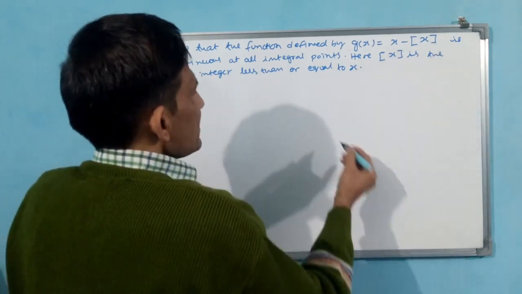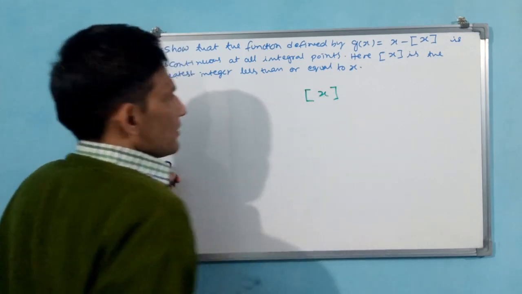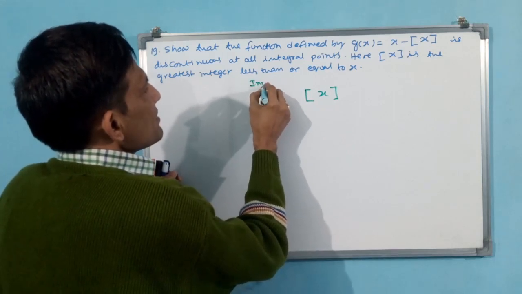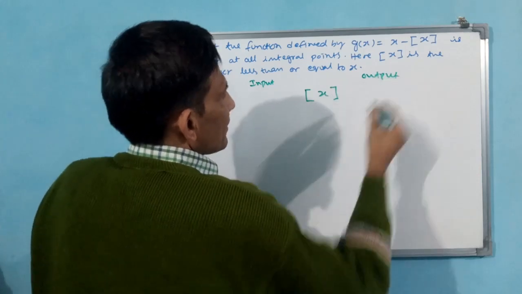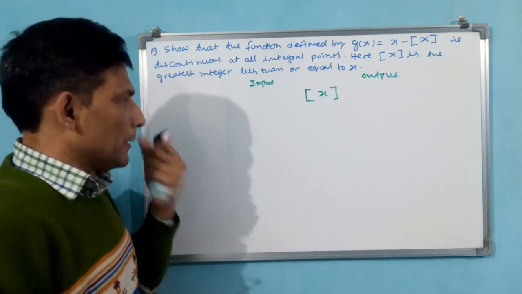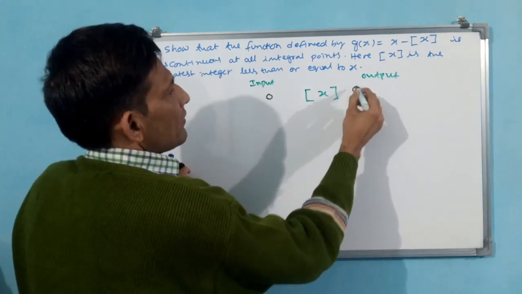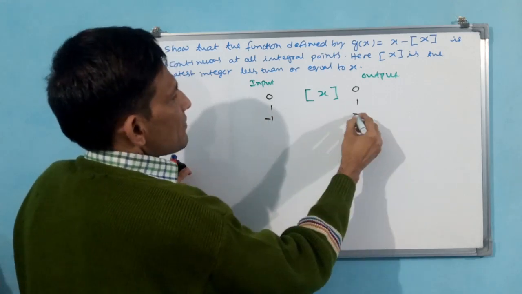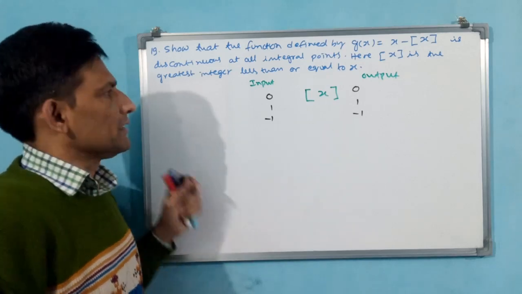Okay, this greatest integer function. I am keeping here the input or domain, here the range or output. You simply observe first. If I give 0, 0 will come. If I give 1, 1 will come. If I give minus 1, minus 1 will come.